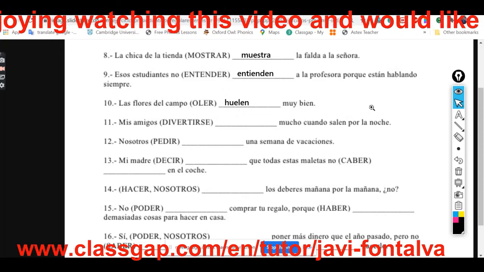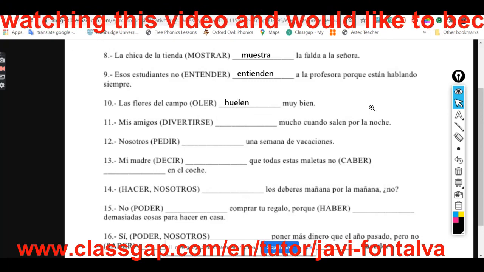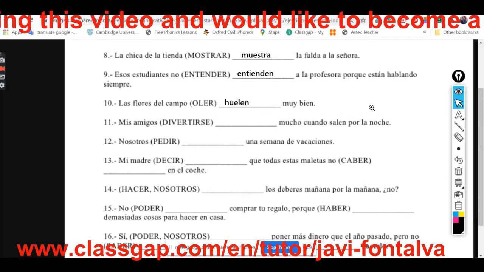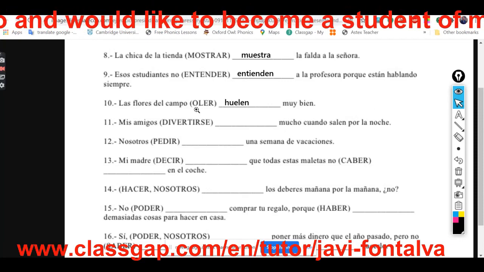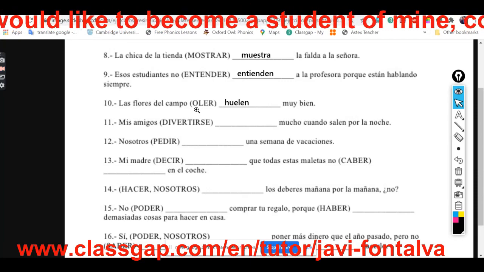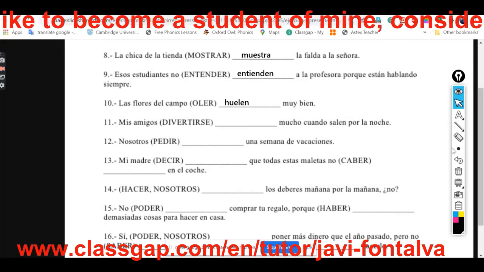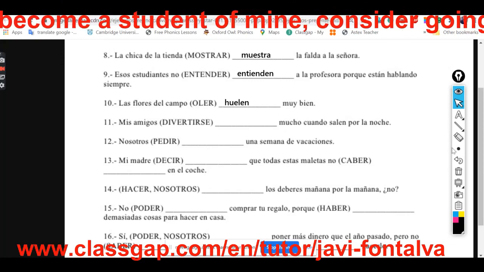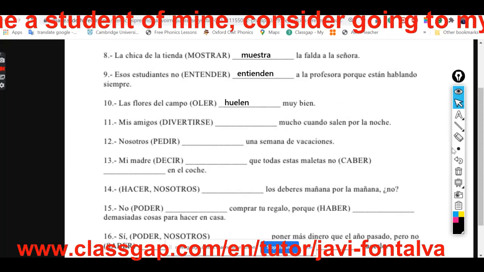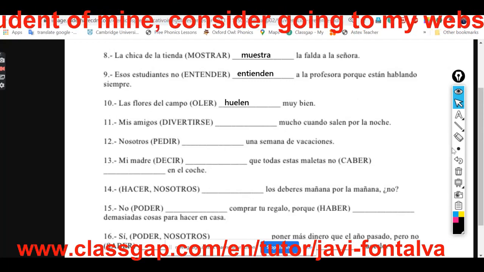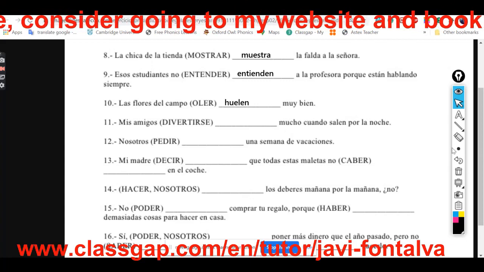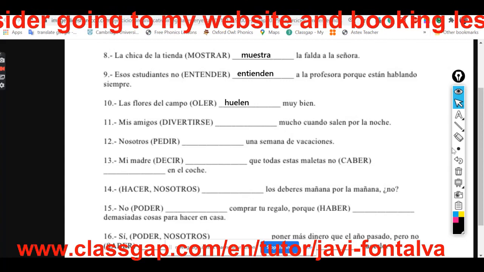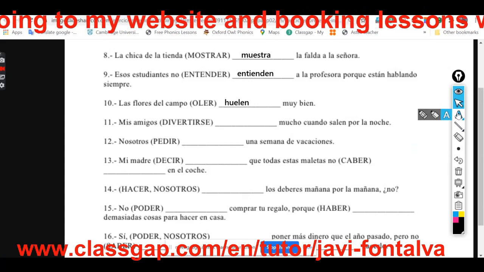So you say huelo, huele, and you add this H for no reason, honestly. Oler means to smell. So what does this mean? The flowers of the field smell very good. Perfect.